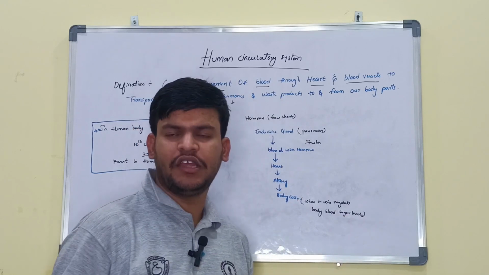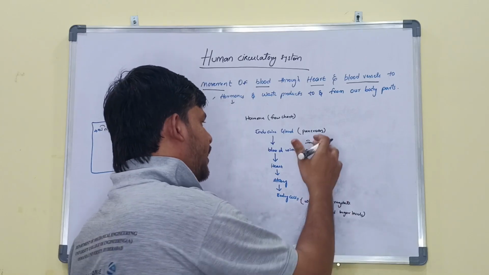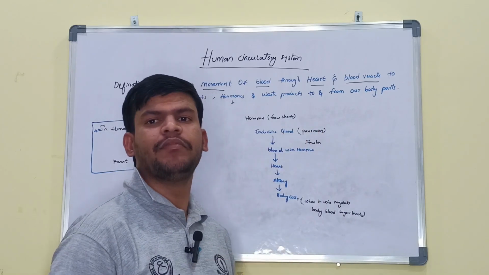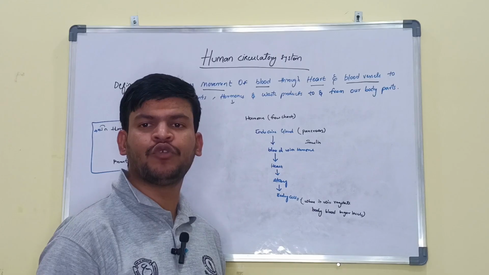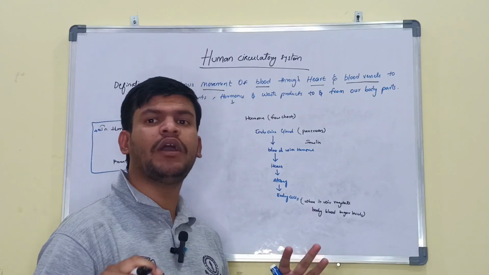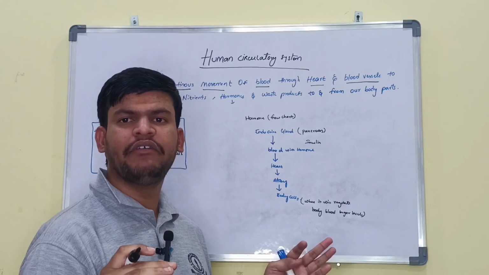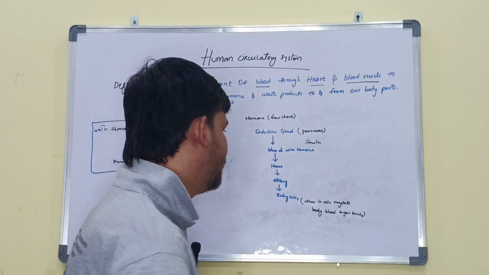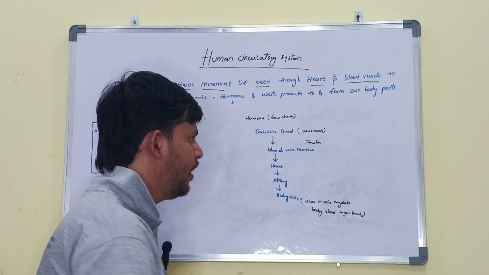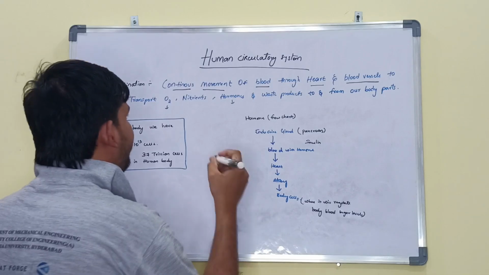If the sugar level is so high, then it will regulate and make the sugar level normal. When the sugar level is so low, then it will increase the sugar level and make it normal. That is the function of insulin.